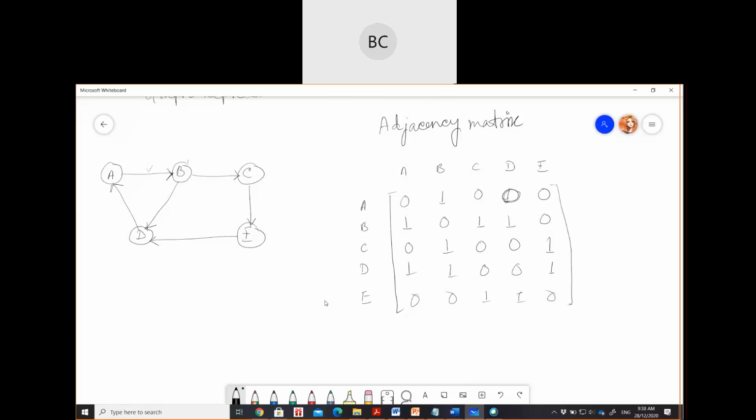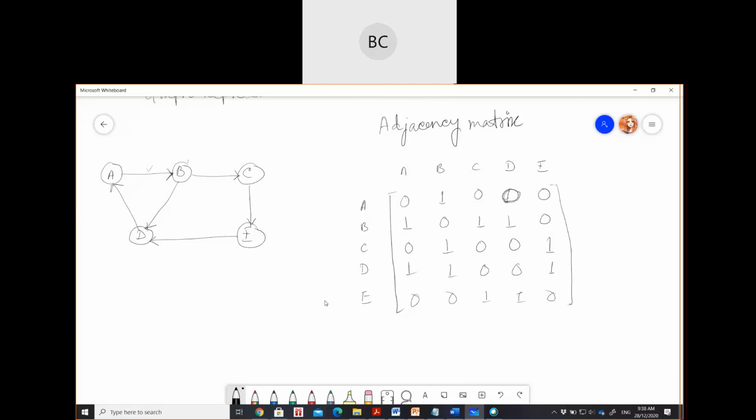Because there is no edge from A to D. There is an edge from D to A, but no edge from A to D. So you have to see from the node if there are outgoing edges or not. If there is an outgoing edge to another adjacent node, then only you will write 1, otherwise it will be 0.